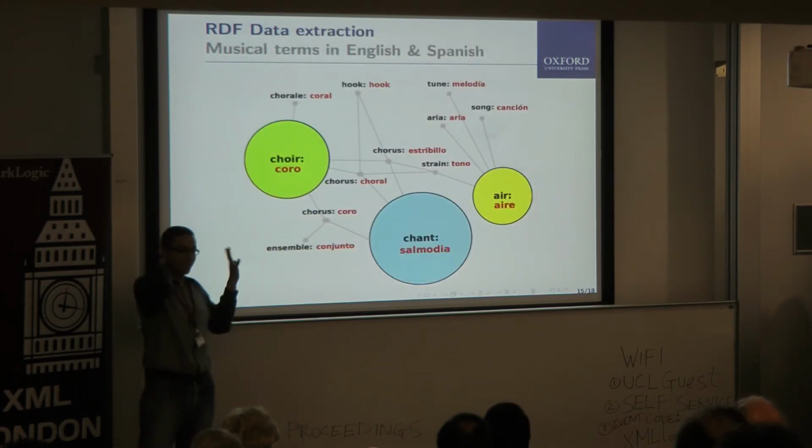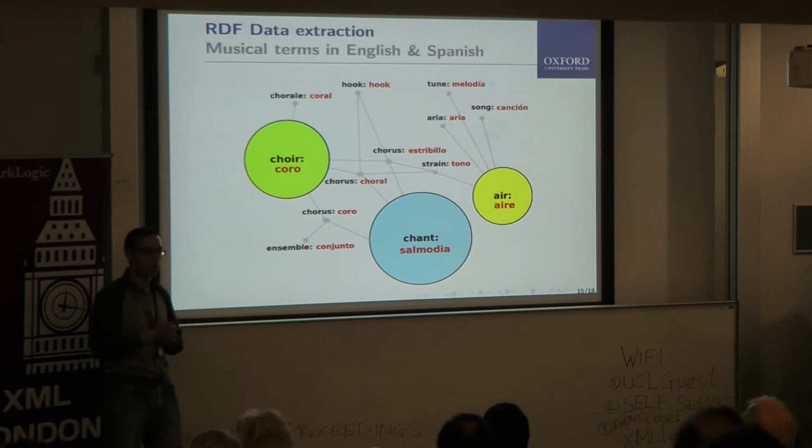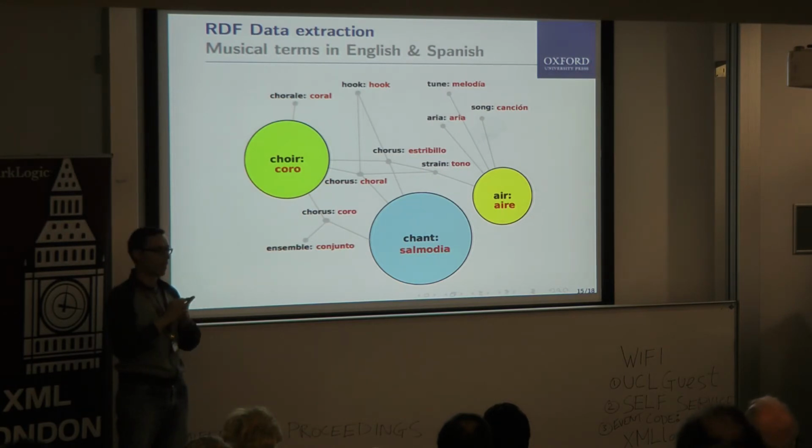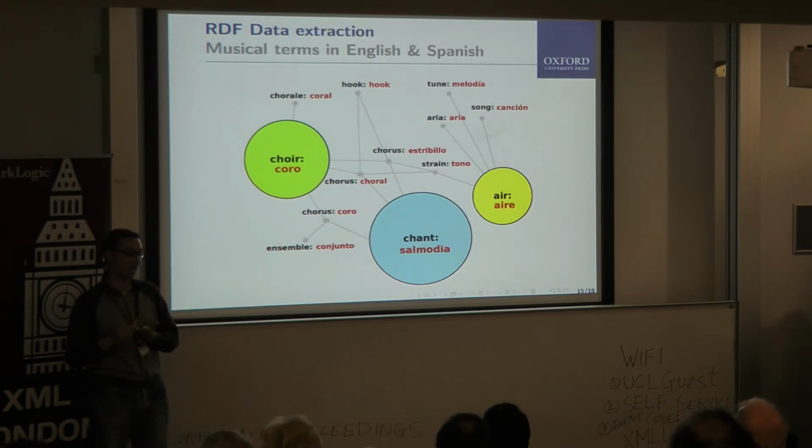This is an example, a visualization of the results of a SPARQL query applied on the English monolingual dictionary and then the English-Spanish dictionary. We are extracting here via SPARQL the senses, so the meaning of the word, in English that are in the domain of music, and we are extracting also their synonyms in English, along with their translation into Spanish.